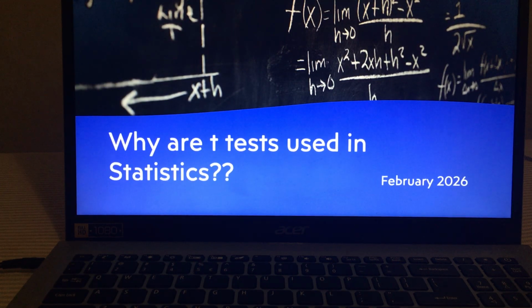So in the t-test, our test statistic is now called our t-statistic, and it is calculated pretty much the exact same way as the z-test statistic.